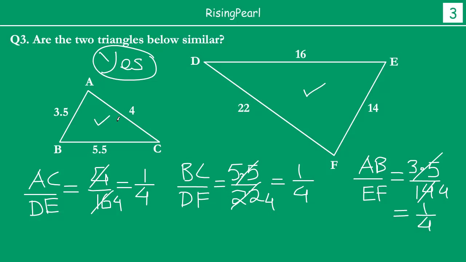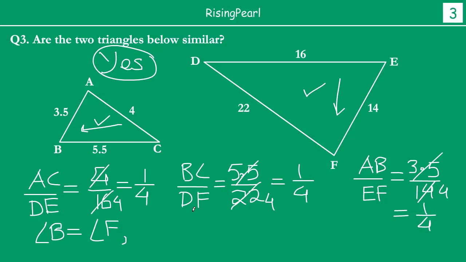The angle opposite to this is this angle, angle B. So we have angle B equal to DE. So in the big triangle DE, the angle opposite to side DE will be this angle, angle F. So angle B will be equal to angle F.